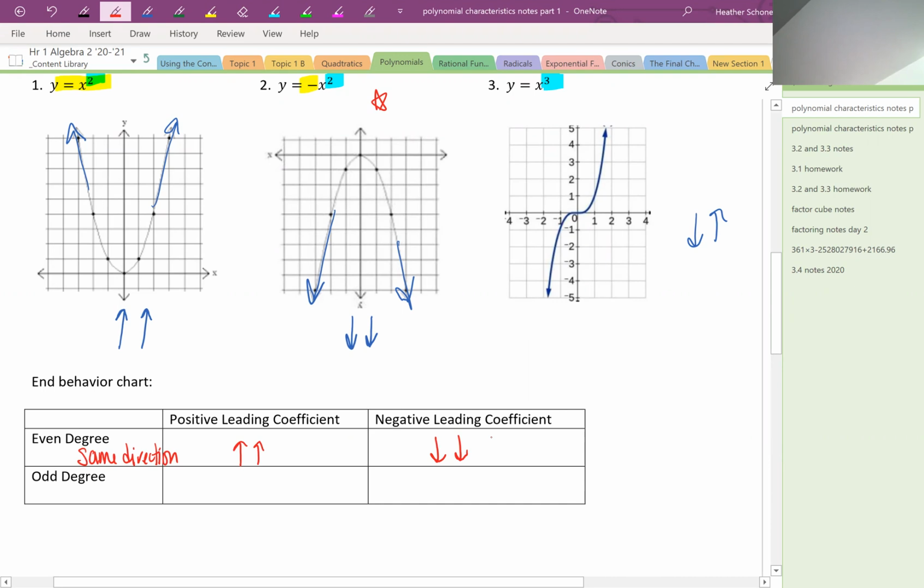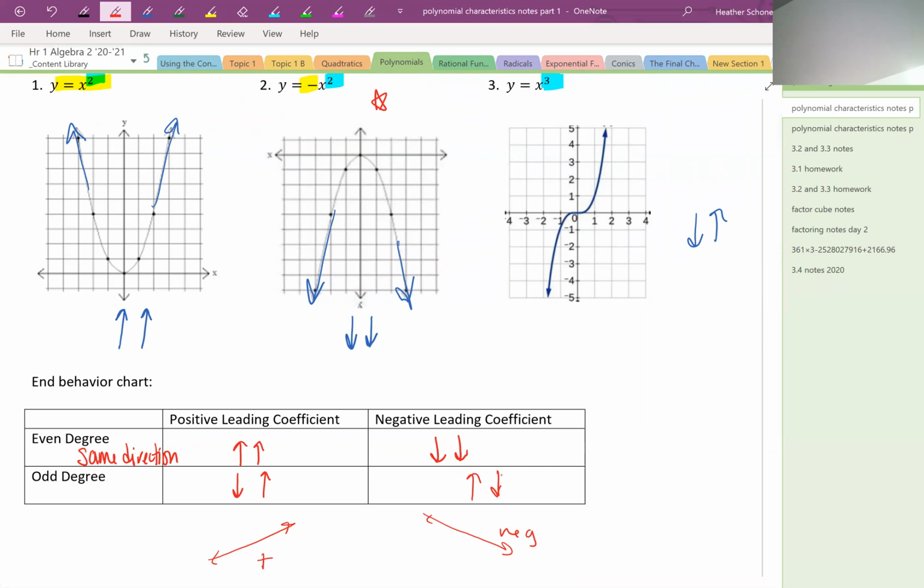Odd degrees go different directions. They split. If you think of a line that has positive slope, it goes up to the right and down to the left. That's what this one does, up to the right and down to the left. But if a line has negative slope, it's down to the right and up to the left. And so that's what our pattern is.